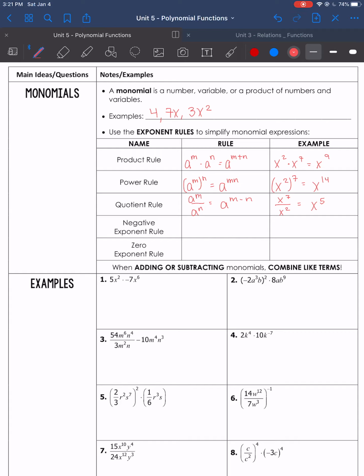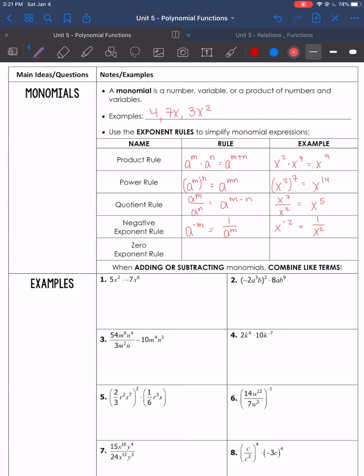The negative exponent rule: if I have a to some negative m power, that means I'm going to move it to the denominator, and so put it over 1. So for the example here, if I have x to the negative 2nd, I have 1 over x squared.